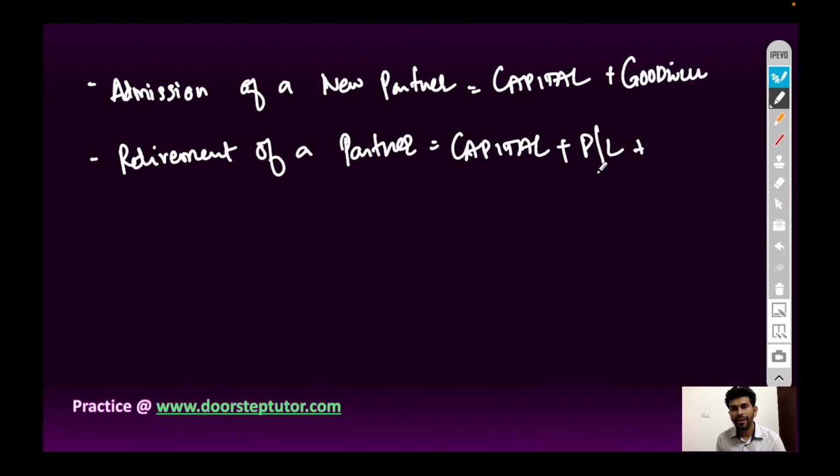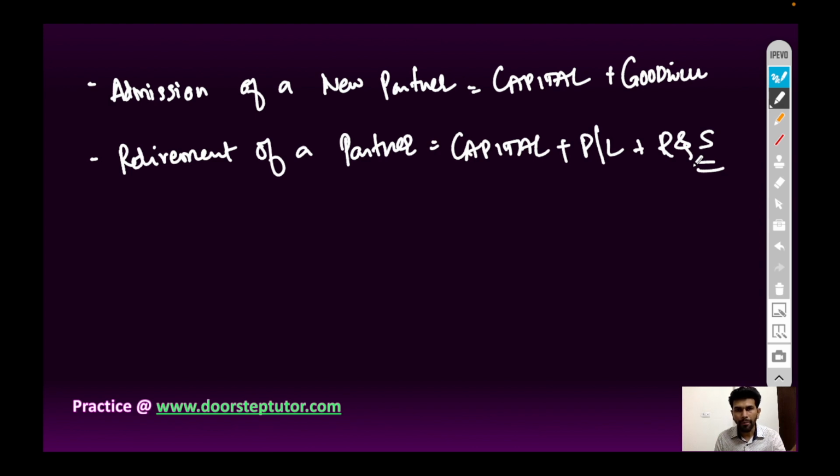So it is a realized profit and loss. If the profit is unrealized, then it will show in reserve and surplus. If previous year profit has been reinvested into the business, then it will show in reserve and surplus. So the retiring partner will take away that part of profit also.